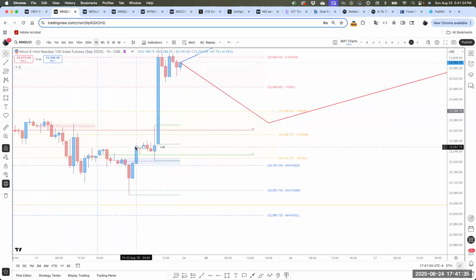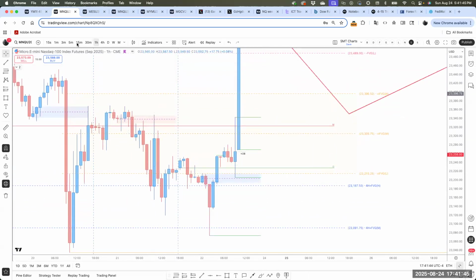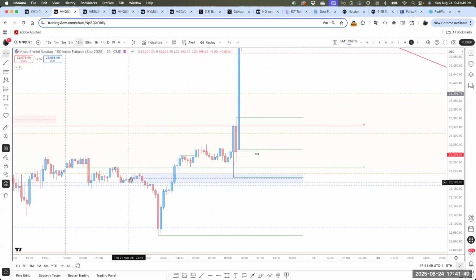In this case, the high of this candle was here, the low of the candle was here. Inside of that candle, we had midnight opening candle range, right? If we go down lower, 15-minute, we got a small little inverted fair value gap here and one right here. This is stuff you can use to set up for the rest of the day, right?